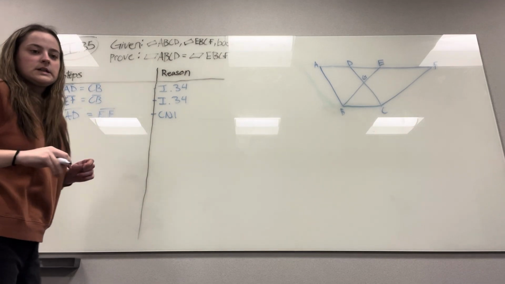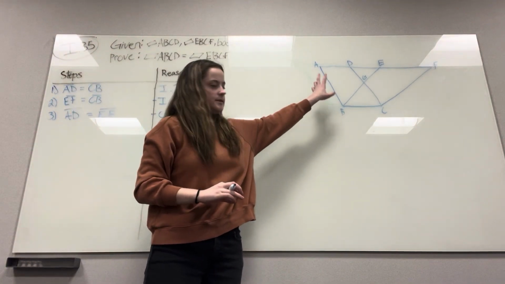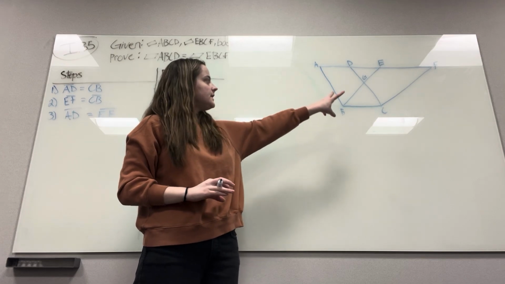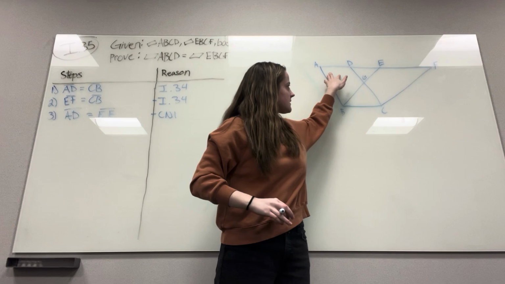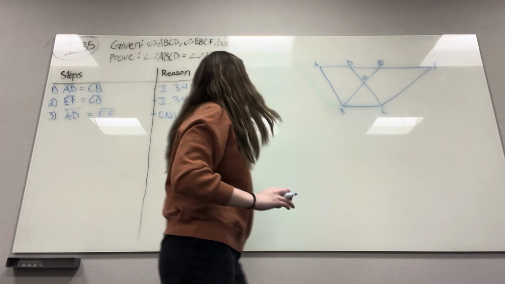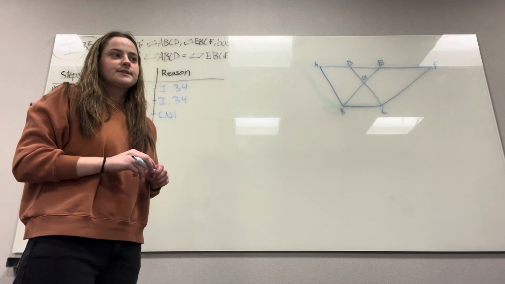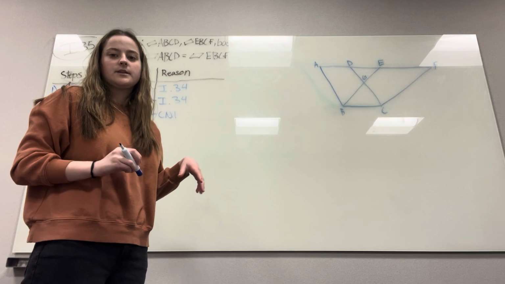Okay. So for our 4th step, we're going to say DE plus AD equals EF plus DE. So this plus this equals this plus that. And that is because of common notion 2, which is if equals are added to equal, which in this case we're adding DE, then the sum will be equal.